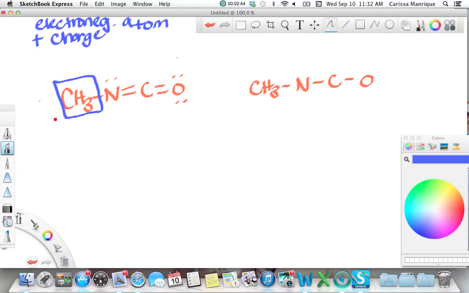In this structure we don't have a positive charge, but we do have a very electronegative atom, oxygen right here. If there was both, an electronegative atom and a positive charge, the electrons would go towards the positive charge, because it's an actual charge. But there's not, so they're going to go to the electronegative atom.